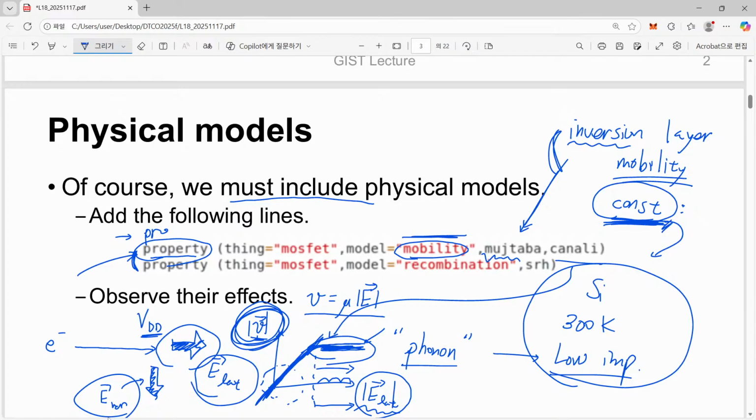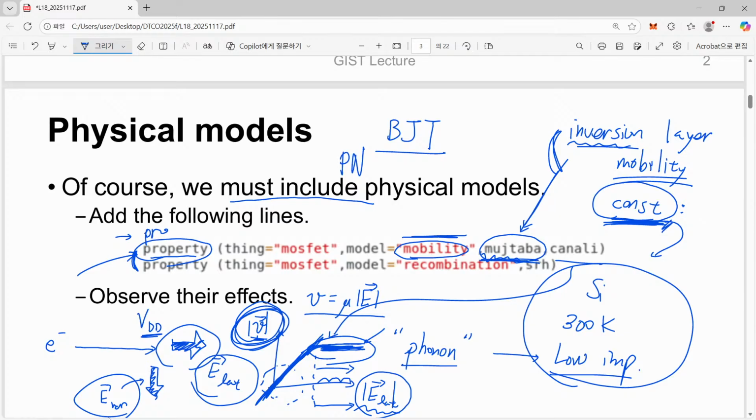And please note that this model is suitable for the inversion layer case. So if you are talking about different models, not inversion parameters, for example, if you are simulating a bipolar junction transistor or PN junction, where the surface mobility is not that important, then the necessity to use this inversion layer mobility is somewhat reduced.